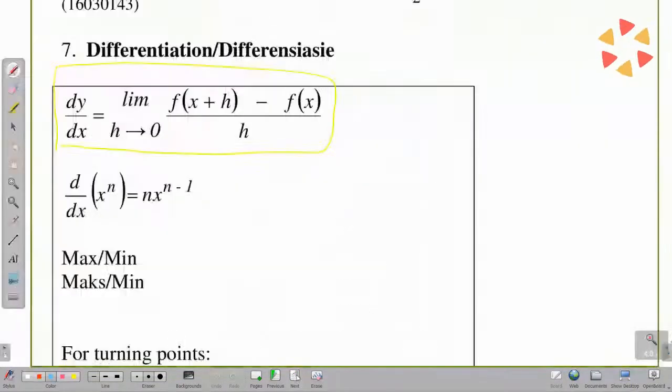Just to check it again if I did put it right. So it's h approaches 0, f of x plus h minus f of x over h. So that's what I'm having.